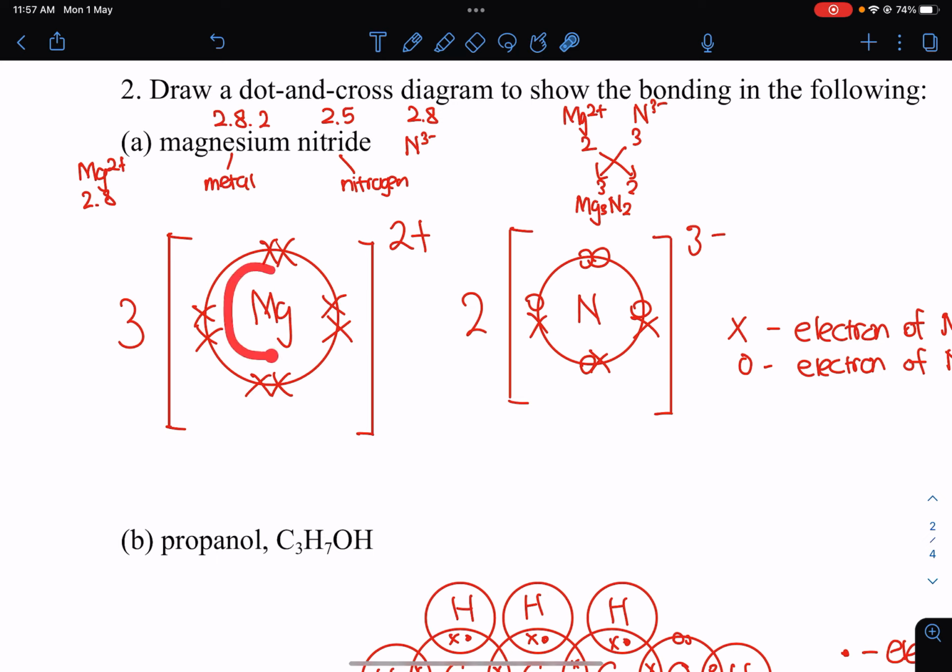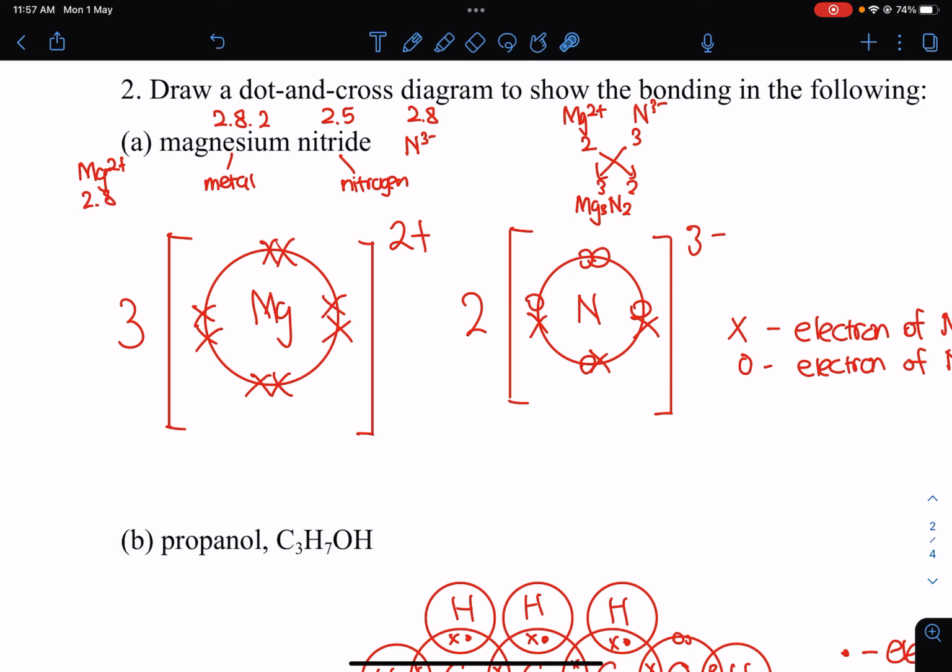In this case, magnesium will form a 2+ ion, and there will be 3 of it. So make sure you write this 3 in the middle. It shouldn't be a subscript or a superscript. For the nitrogen side, remember you have to use a different set of symbols to represent the electrons of nitrogen.